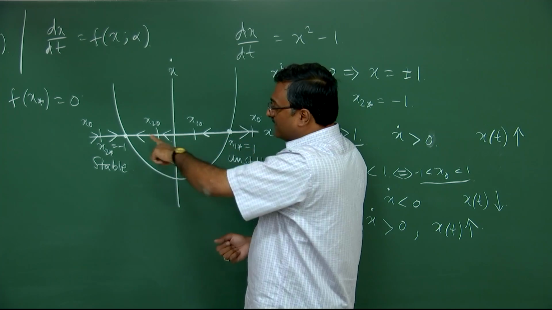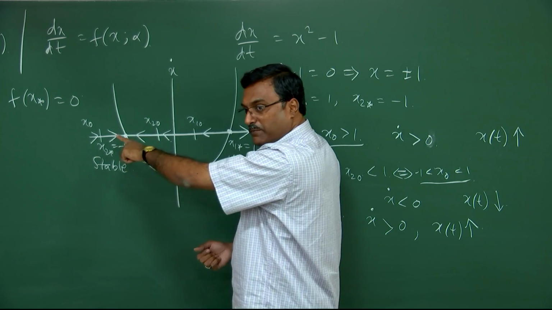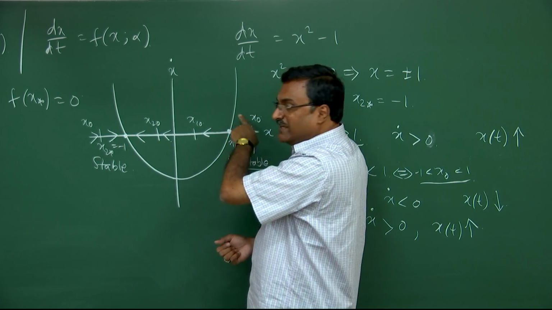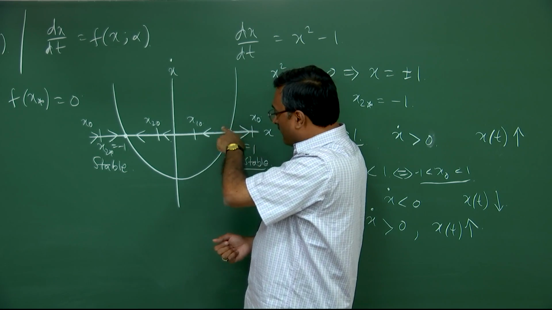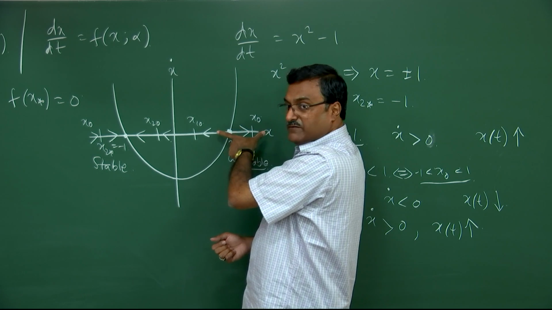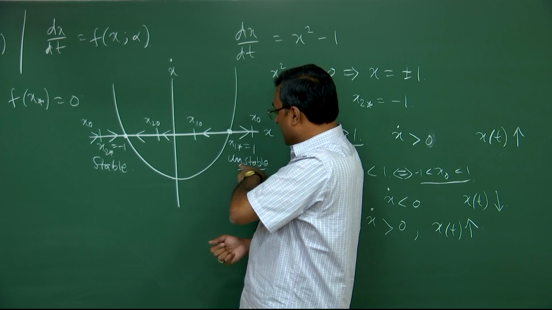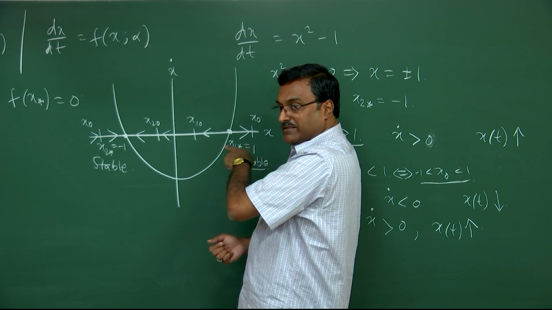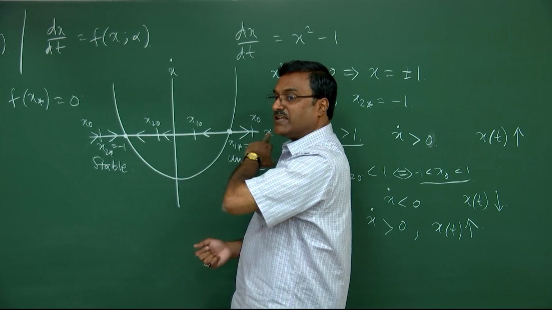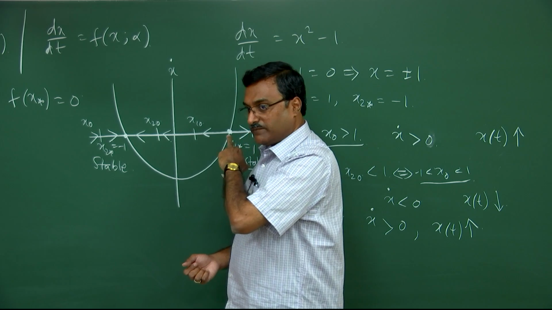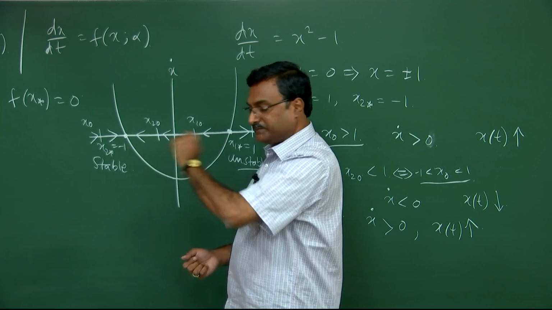So this stability is a local property, and this instability is also a local property. Local in the sense that the solution trajectory diverging from the equilibrium x1 star equal to 1 is valid only for your initial condition chosen as greater than minus 1. It is not for all cases.